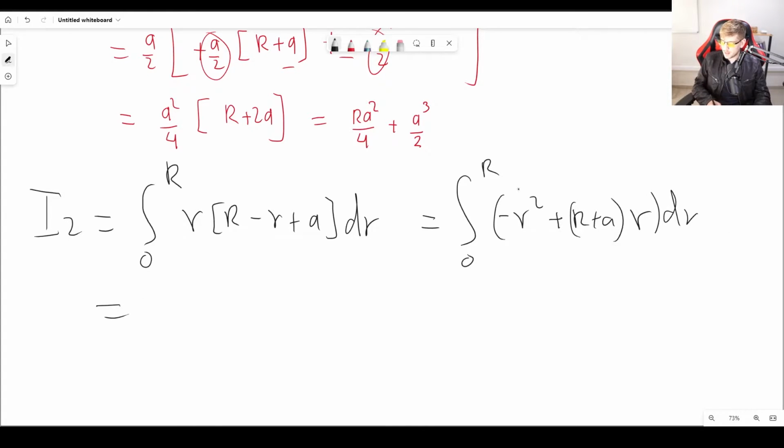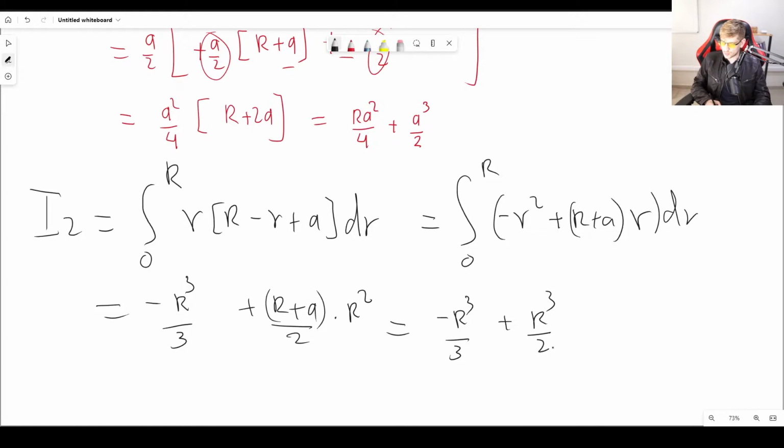So simply, the first part gives us minus r cubed over 3, and then we get plus r plus a over 2 times r squared. So let's multiply through, and we get minus r cubed over 3 plus r cubed over 2 plus a r squared over 2.